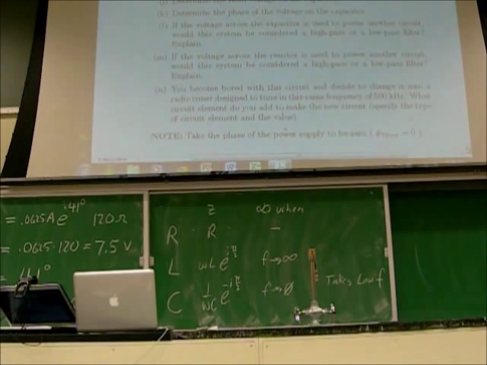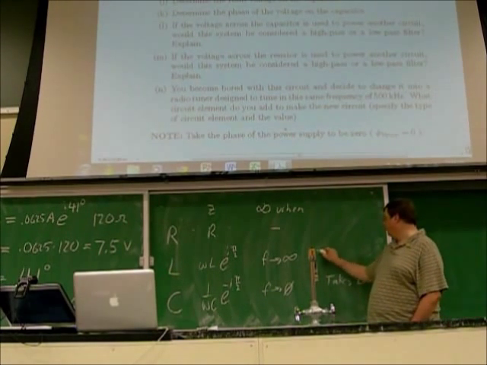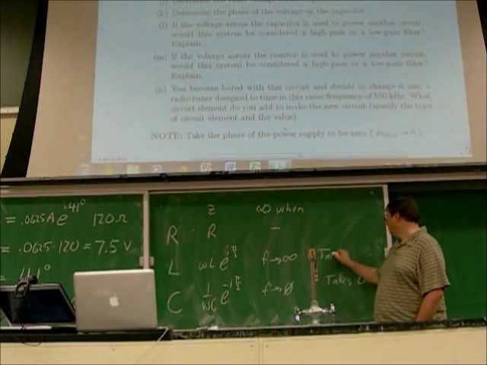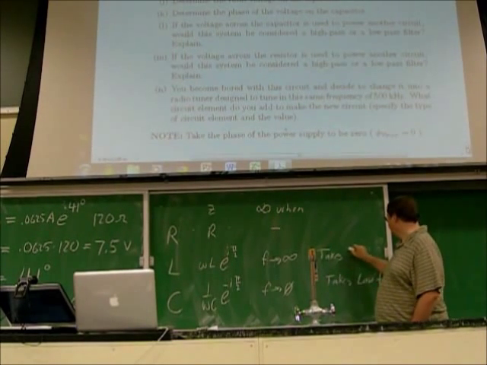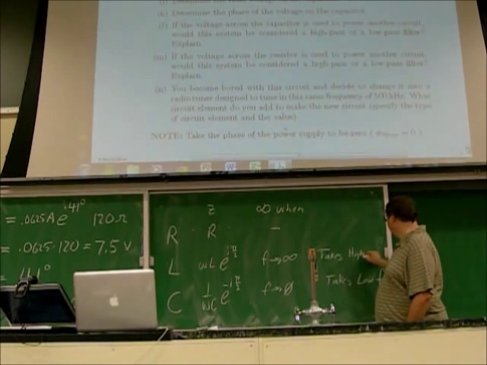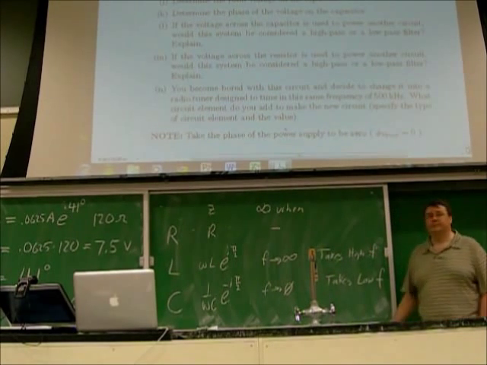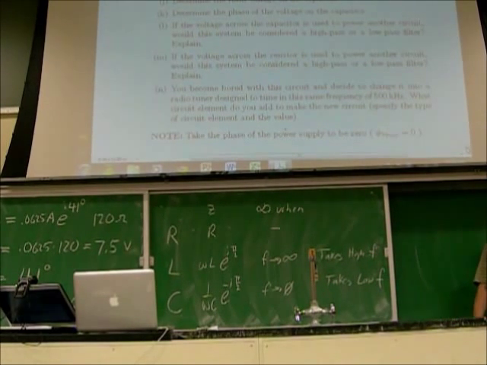You get it all. All the voltage comes to you when your impedance is infinity. So what does the inductor take for itself? Higher. And what does the resistor take for itself?